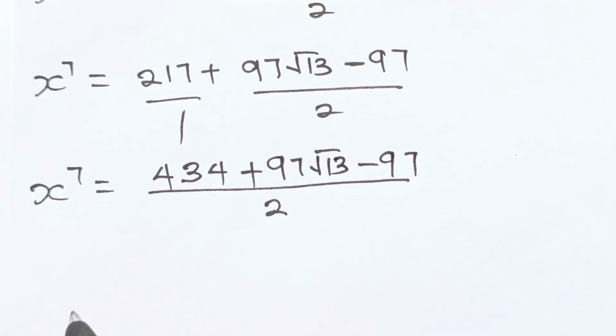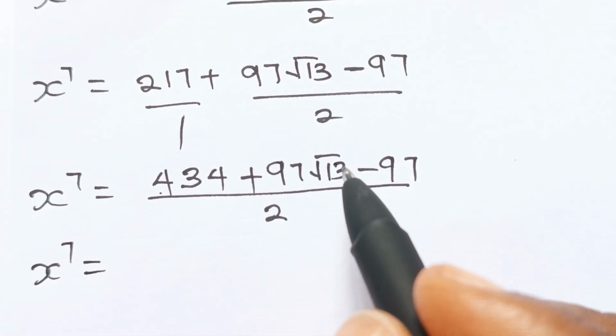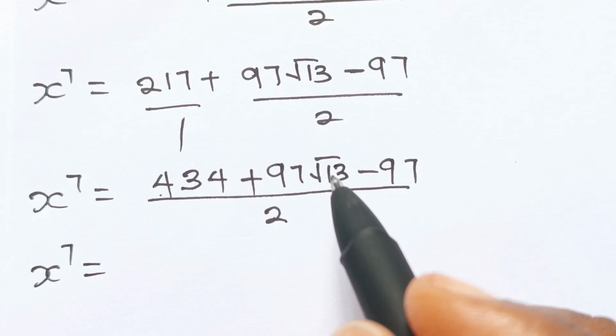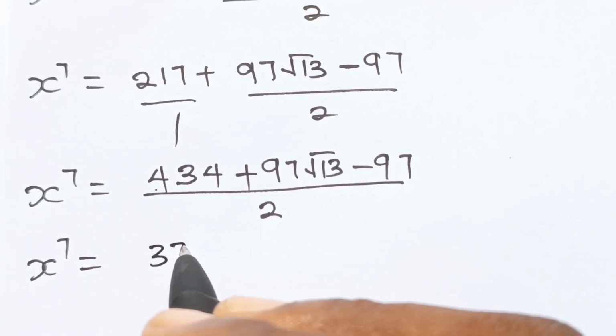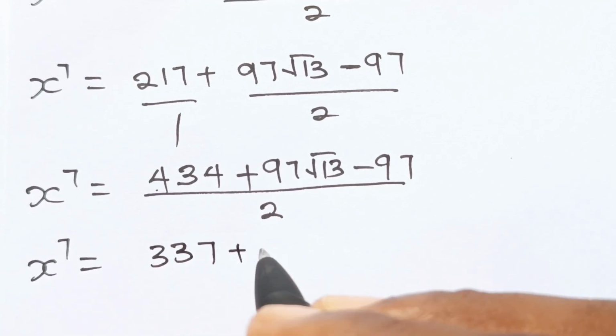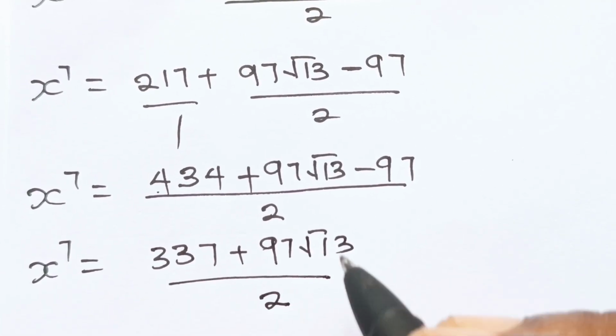Okay, so x to the power of 7 is 434 minus 97, and this will give us 337. So we have 337 plus 97 root 13 divided by 2.